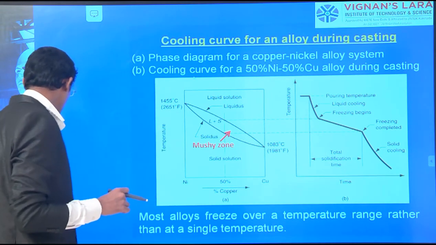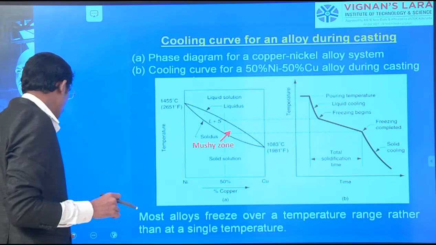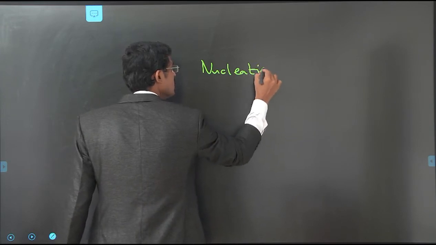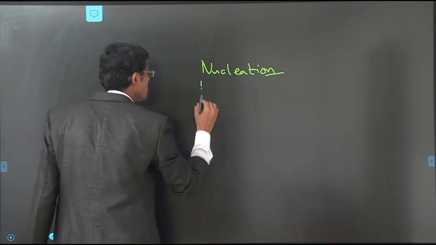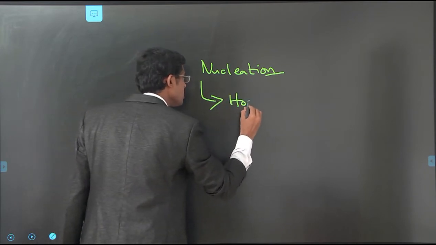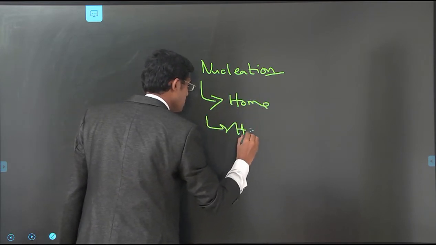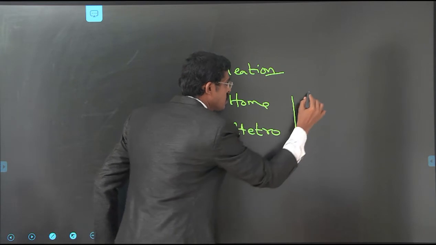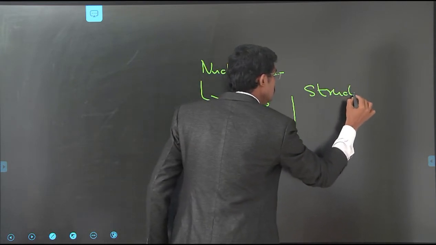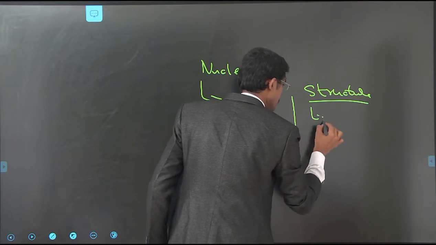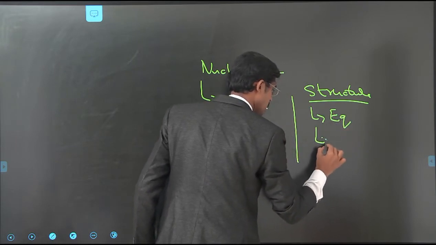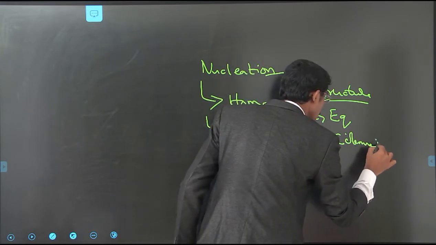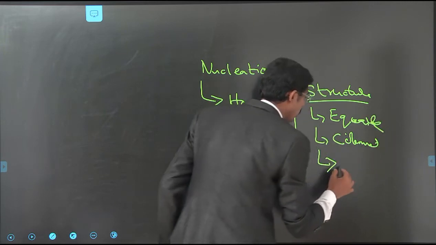In solidification, we have seen nucleation, and we have also discussed the homogeneous and the heterogeneous processes. Then we also discussed the structures: equiaxed, then columnar, and columnar dendrite.